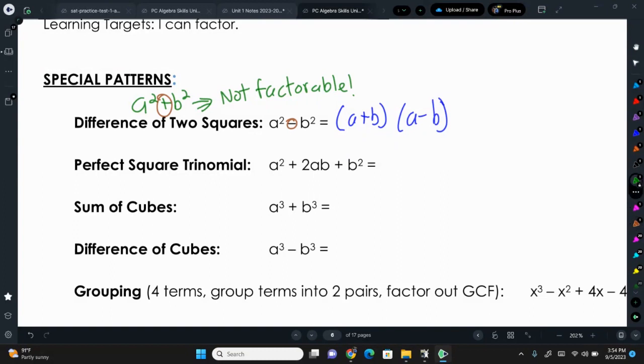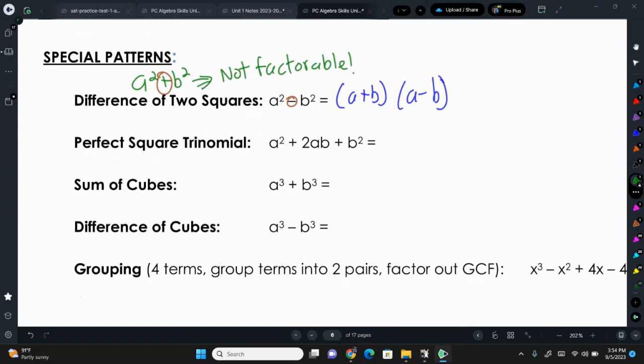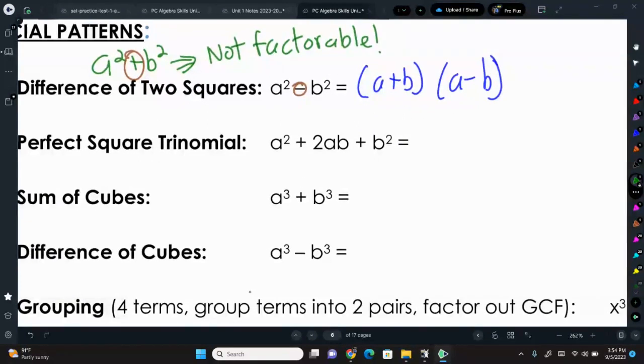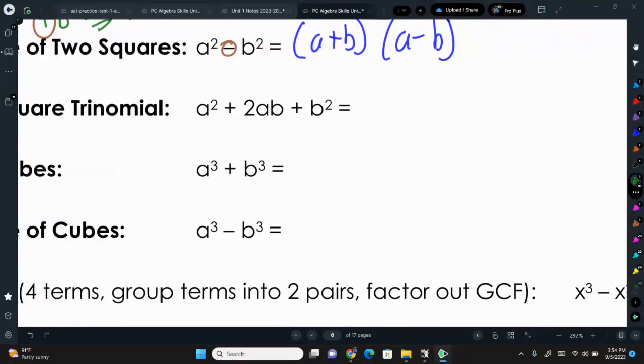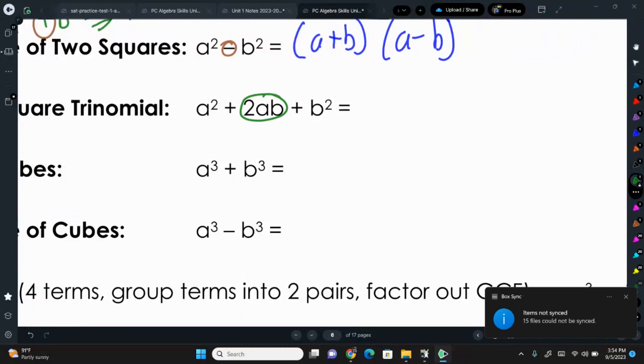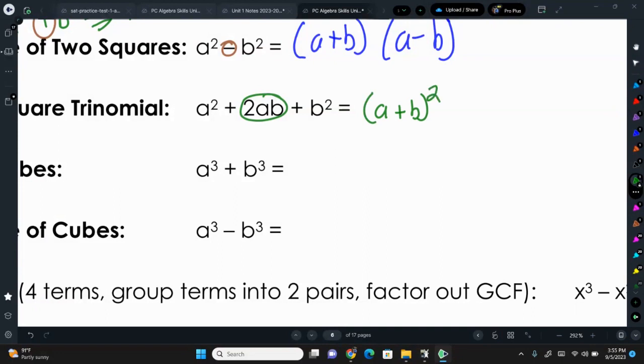Then we have perfect square trinomials, where we have a squared plus 2ab plus b squared. That one is kind of hard to see because this middle term can get very confusing. But if you recognize this, then this is going to be (a plus b) squared.